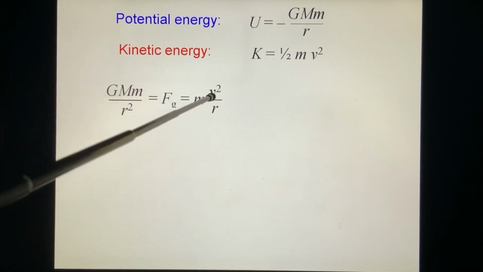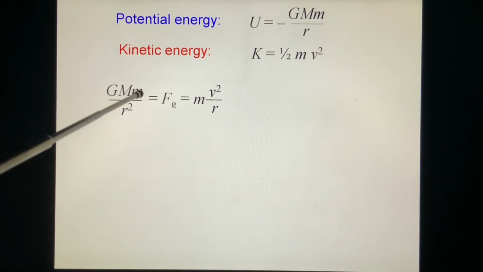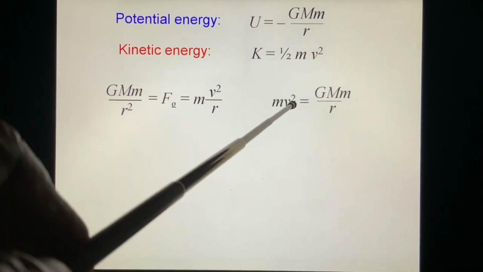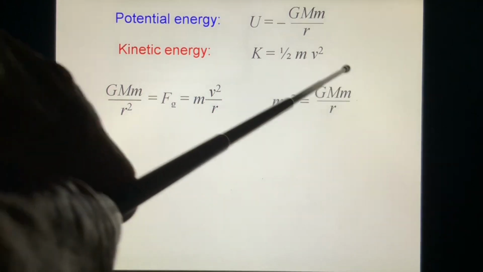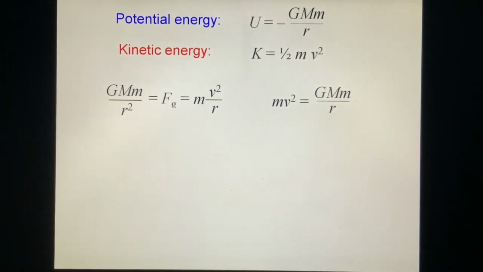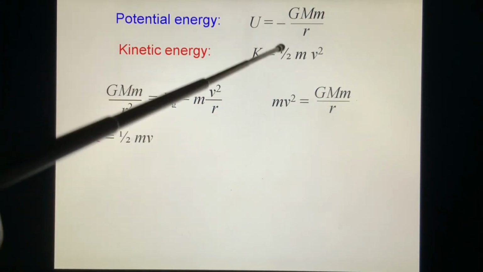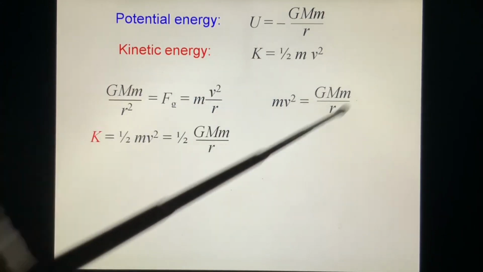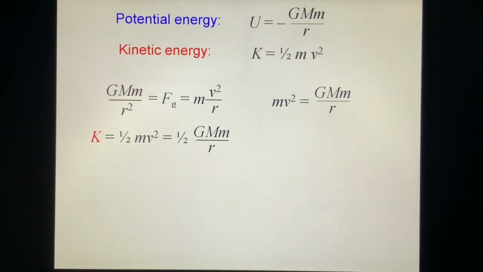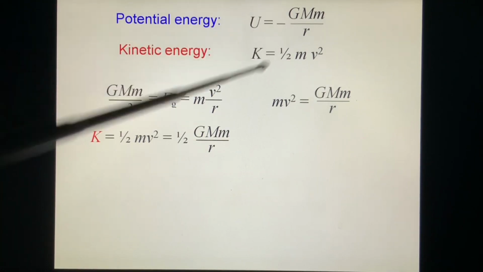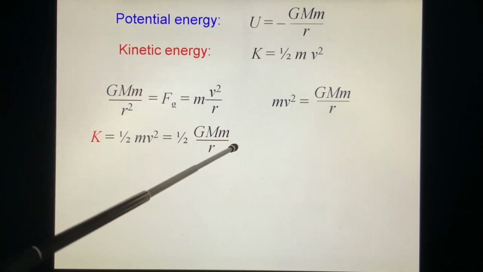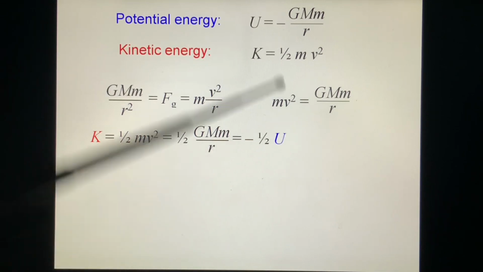With this equation, we cancel r, cancel m, and we get mv squared equal to GMm over r. And for the kinetic energy, we take half of that, and you get a half GMm over r. Okay? And if you look at U, this is equal to minus 2K.